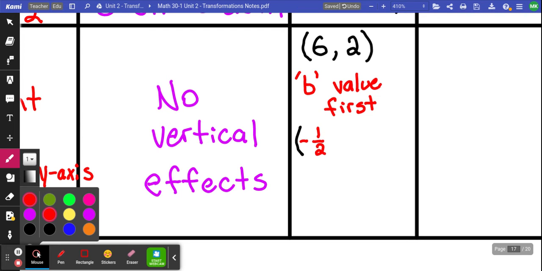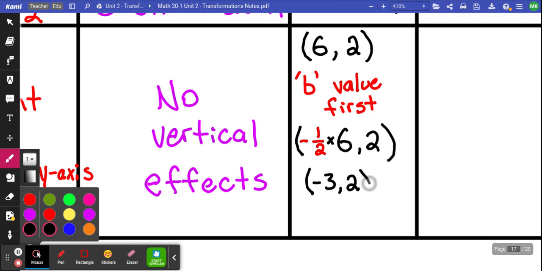So I'm multiplying by -1/2. The negative gives me the reflection. The 1/2 gives me the stretch. That means this point is now at -3,2.